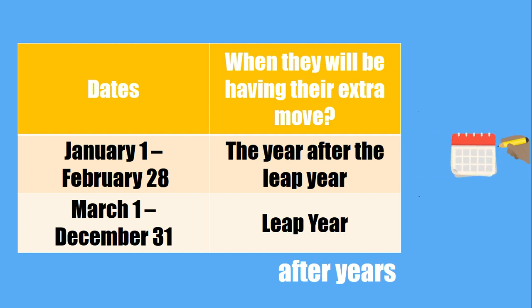Obviously, for March 1 to December 31, we consider the leap year because the additional day is February 29. So during the leap year, the additional date is February 29, so there will be an additional day. So there will be a movement for March 1 to December 31.